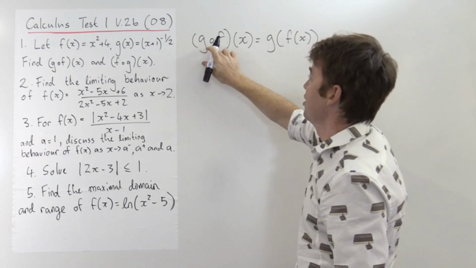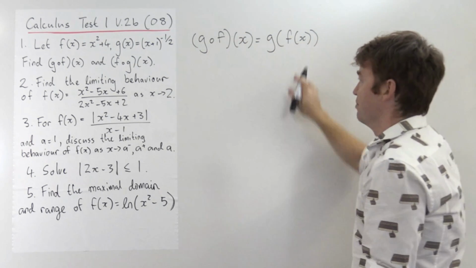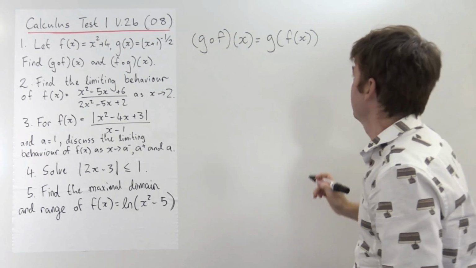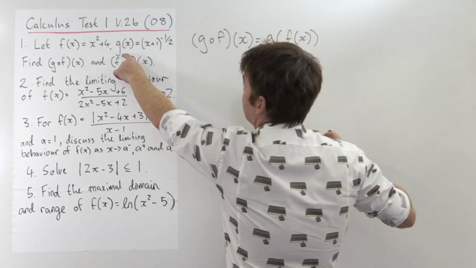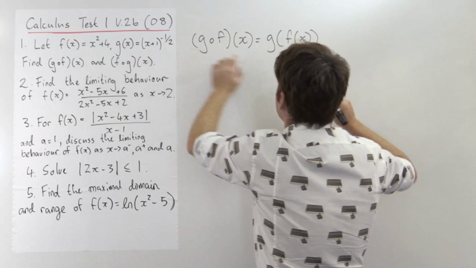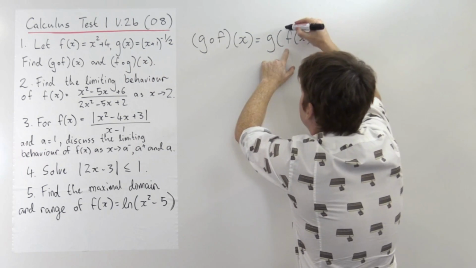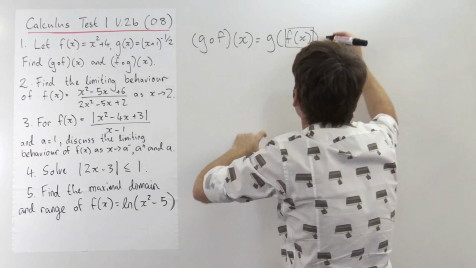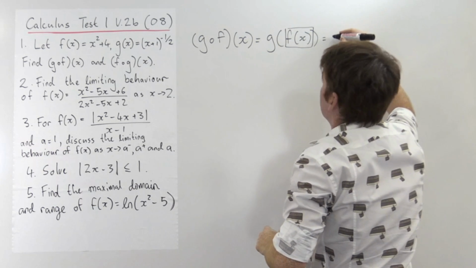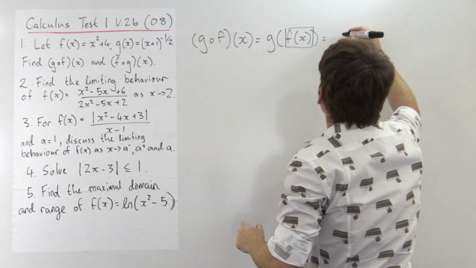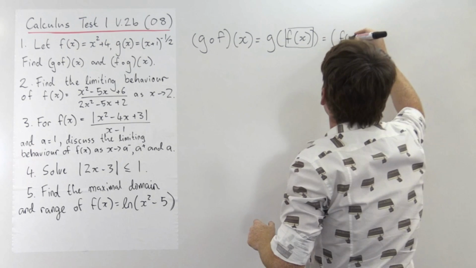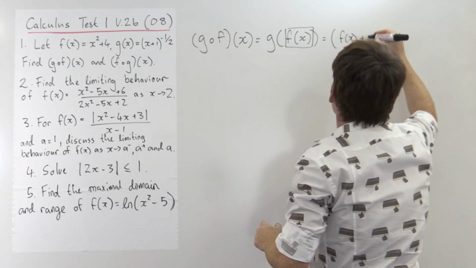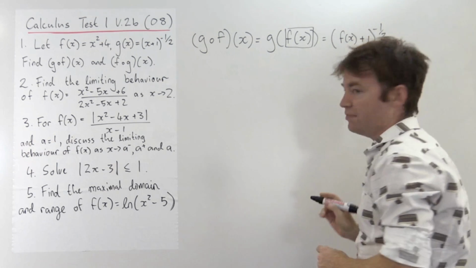You should read this g of f of x, and it means this. Well, what does that mean? Well, I take g and I replace x. So I take the function g and I replace x with this object, f of x. So this is f of x plus 1 to the power negative 1/2.